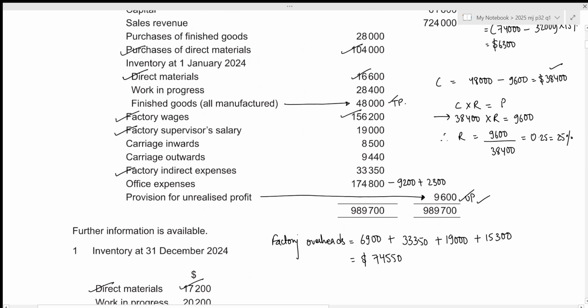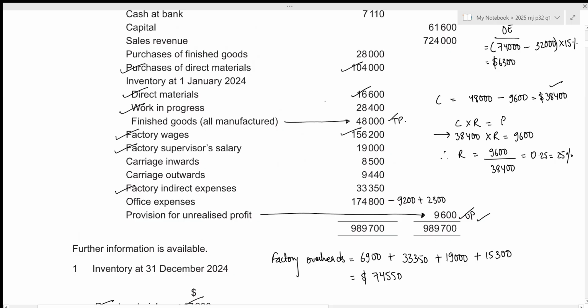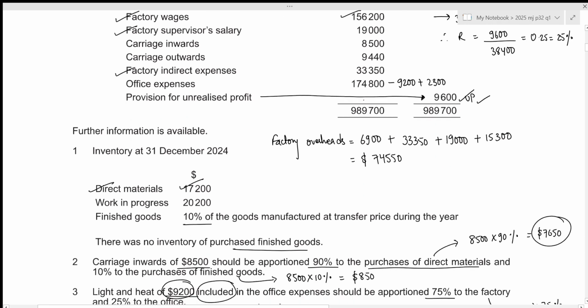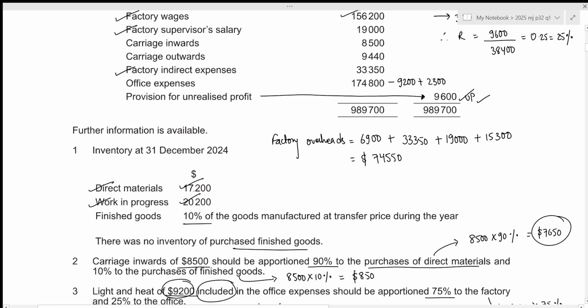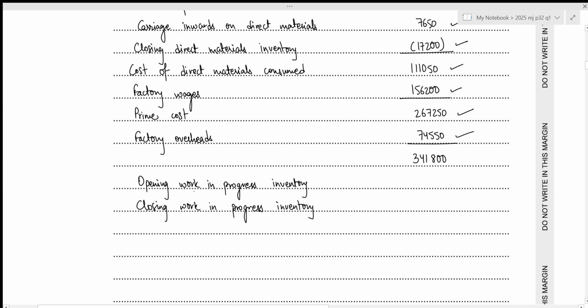Okay. So our opening work in progress is 28,400 and the closing work in progress is 20,200. So we need to add 28,400 and subtract 20,200. Then this will give us our cost of production. That will be 341,800 plus 28,400 minus 20,200, which results in 350,000.